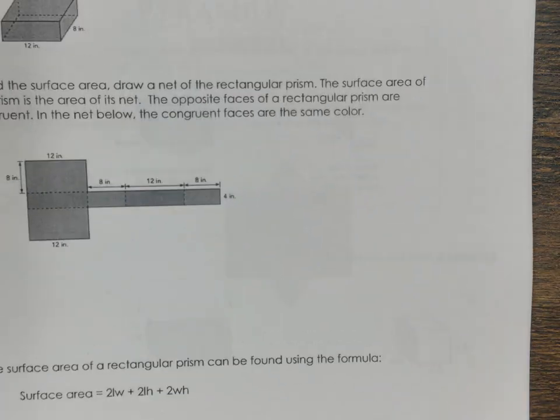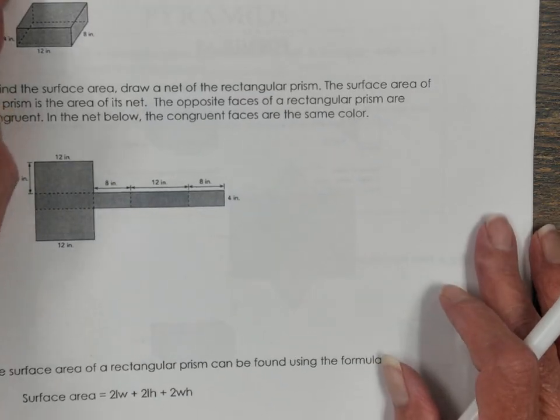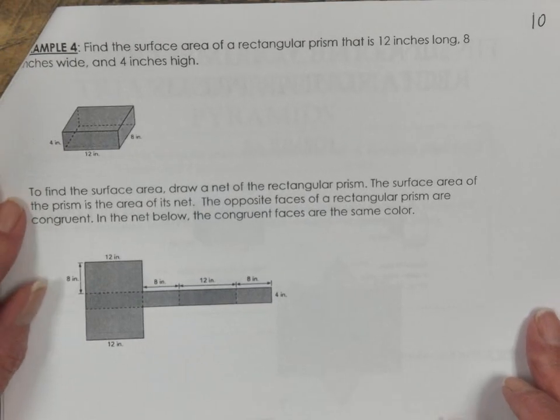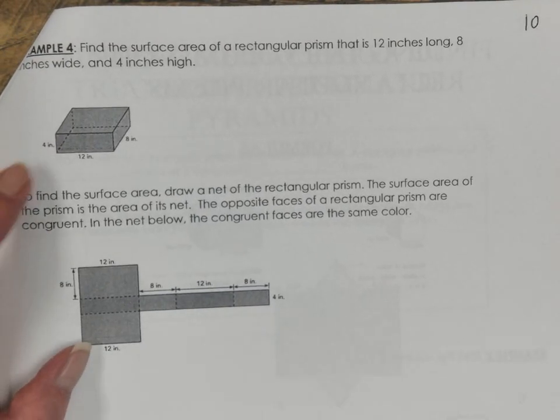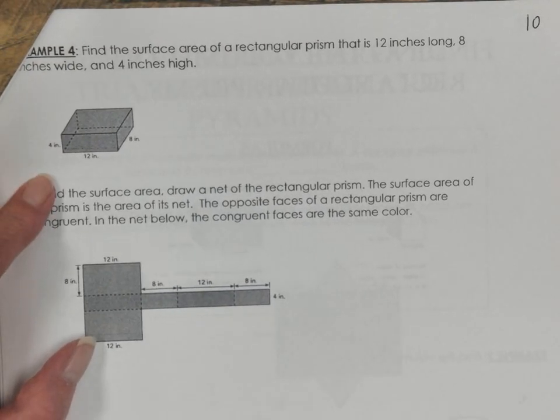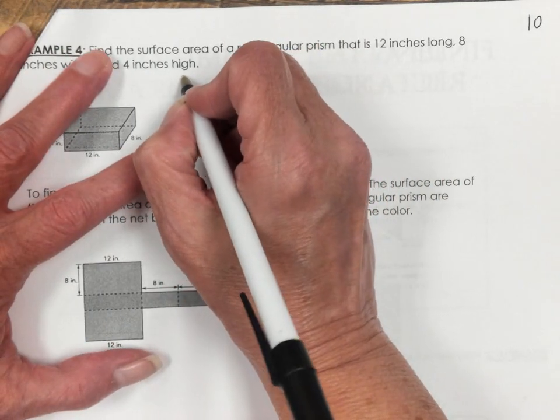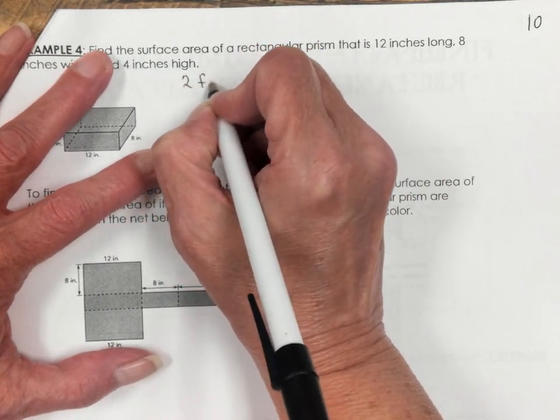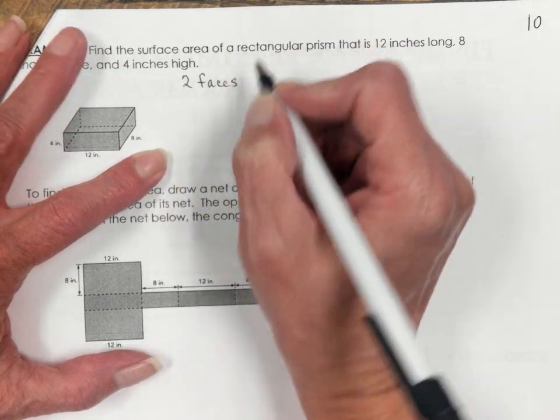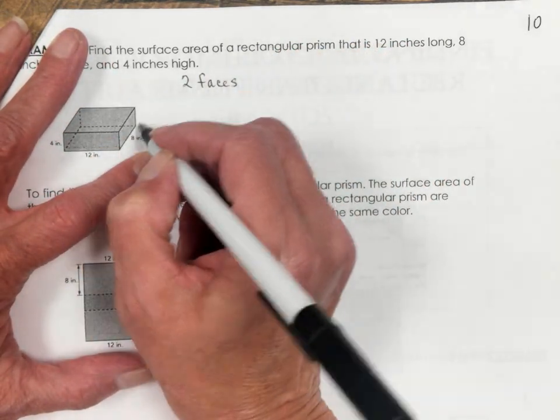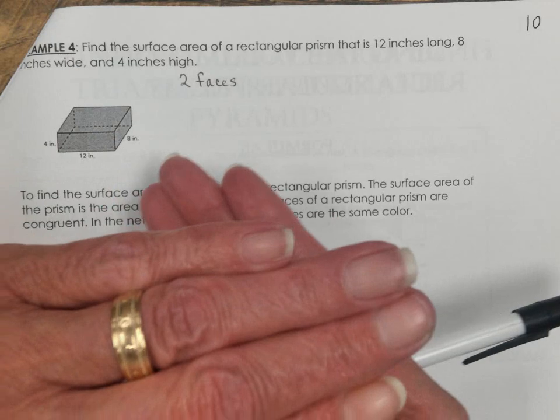All right. So in example 4, we are to find the surface area of a rectangular prism that is 12 inches long, 8 inches wide, and 4 inches high. So this rectangular prism has a total of 6 faces, 2 faces of which are 12 times 8. That's the top and bottom.